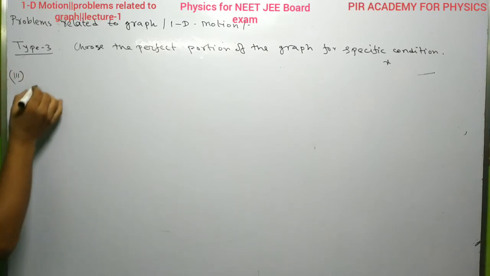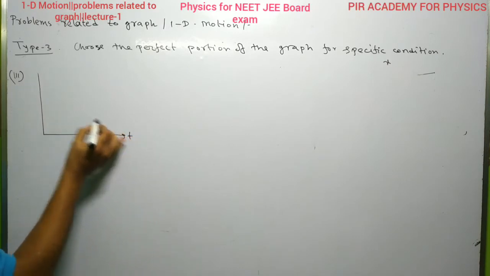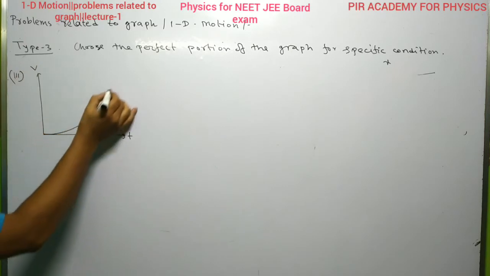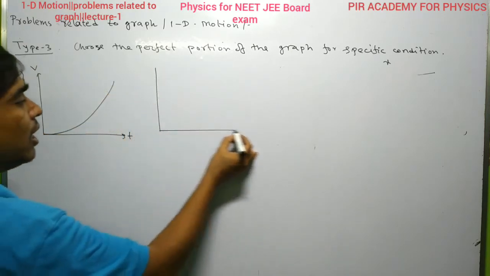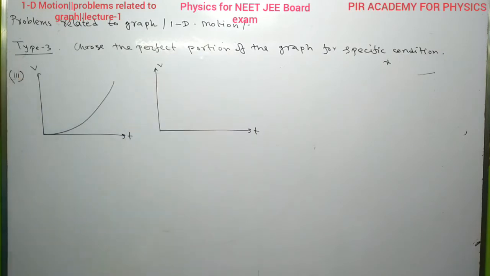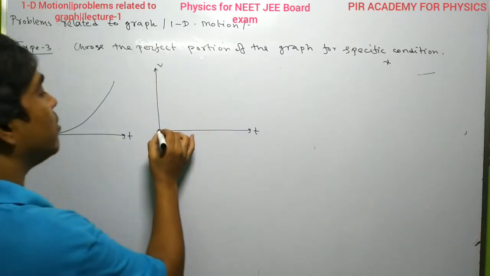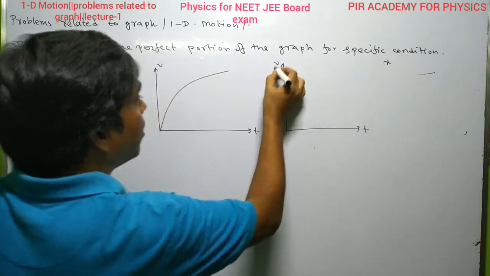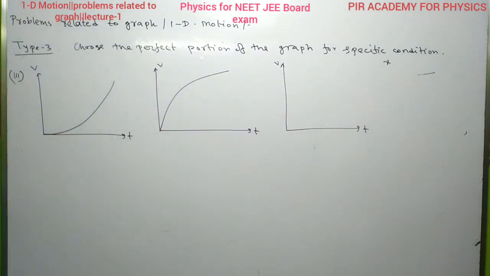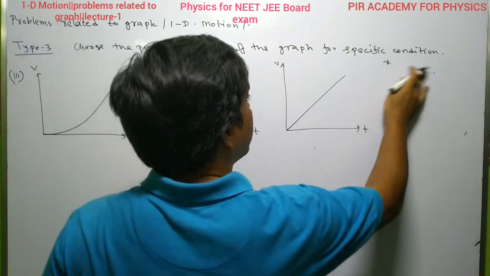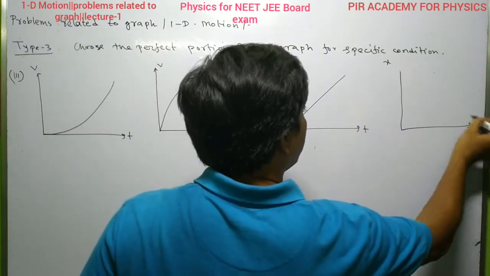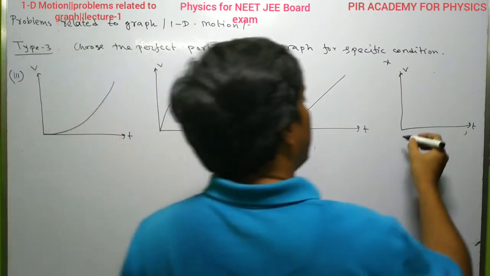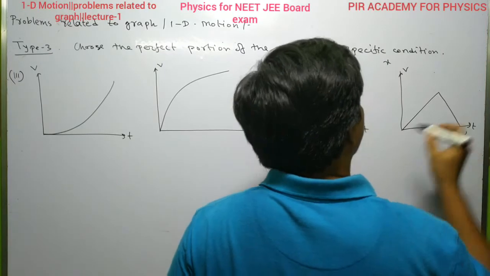If I draw the velocity time graph like this, and another velocity time graph looks like this, and another graph, here t and here v, looks like this. And another velocity time graph looks like this.